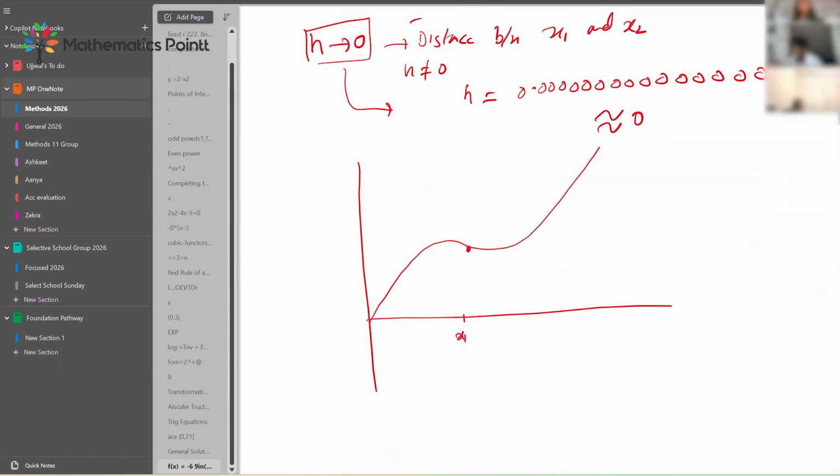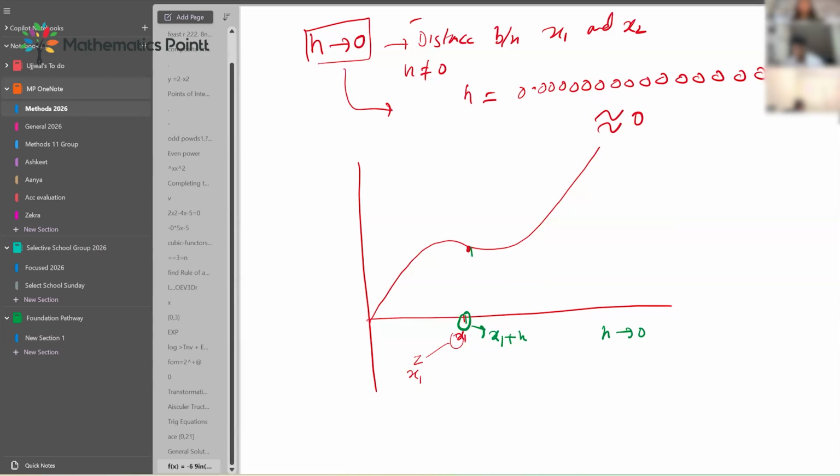And I'll change the color to find where x2 is when the distance is so small, literally almost on top of each other, where this value is x1 and this value, which is still looking like x1, is x1 plus h, but h is approaching 0, right?